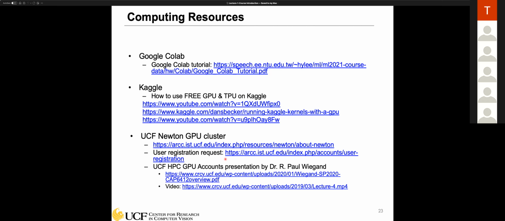Once you have established a user, then you can submit jobs, training your network using the Newton GPU cluster. Here is also some general information on using this GPU cluster at UCF.